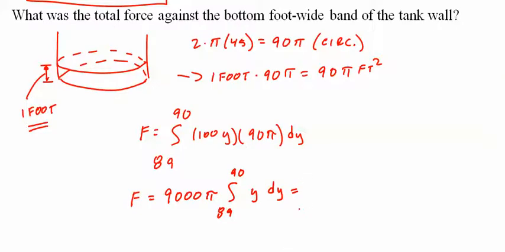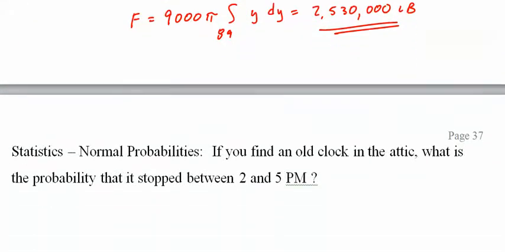And I'm just going to cut to the chase. The force on that wall is 2,530,000 pounds. Which, yeah, that's a lot. That's probably why it ruptured. So you really don't want to put something really big and heavy like that into a massive container. So a little tricky on that.